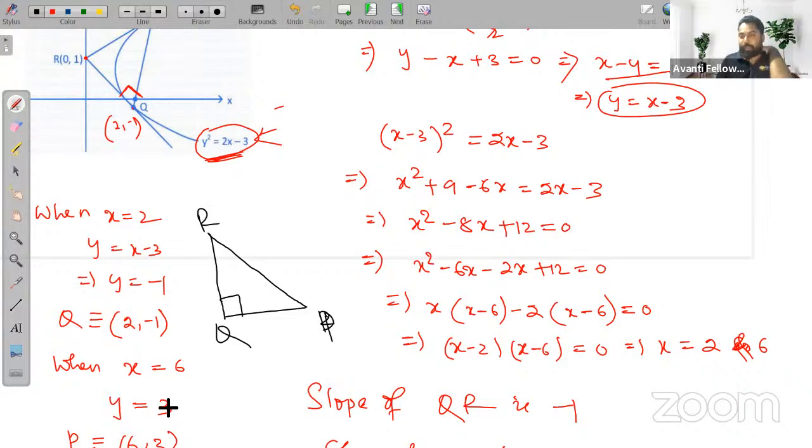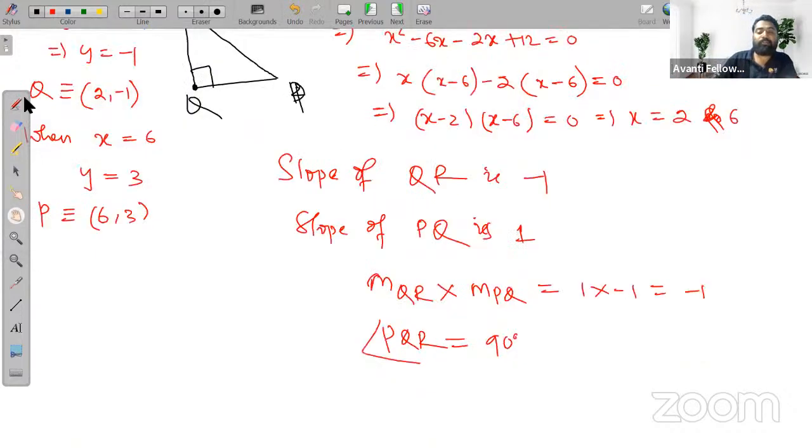Now, can you tell me what is the orthocenter of this triangle? That is the intersection of all the altitudes. So in case of a right angle, this will be your orthocenter. Q is your orthocenter, right?